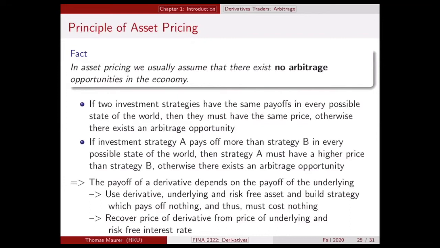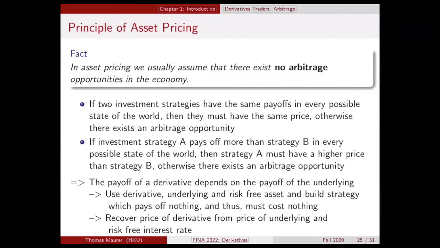Well, we have a financial contract, we know how much payoff it's going to get in the future. Then you try to find some other strategy which exactly replicates these payoffs of that financial contract. And then by no arbitrage, the initial price of that financial contract has to be the same as that replicating strategy.